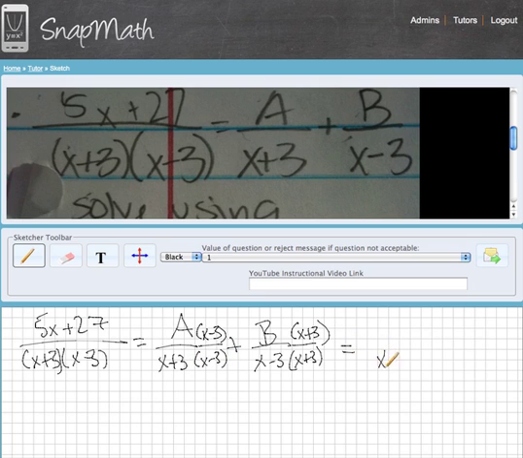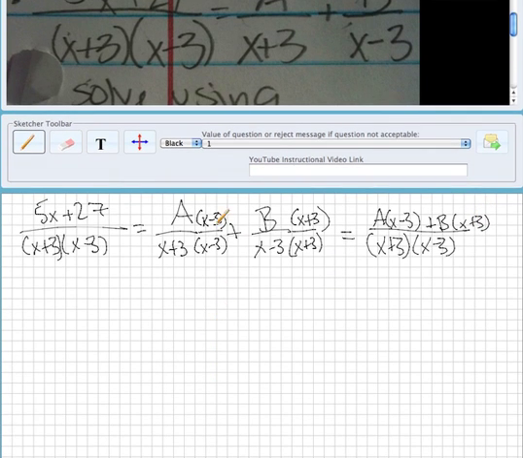So this is going to be equal to x plus 3 over x minus 3, and then the top is going to be a times x minus 3 plus b times x plus 3. So now our equation is this side equals this side right here. Now we're going to multiply both sides of the equation by x plus 3, x minus 3.